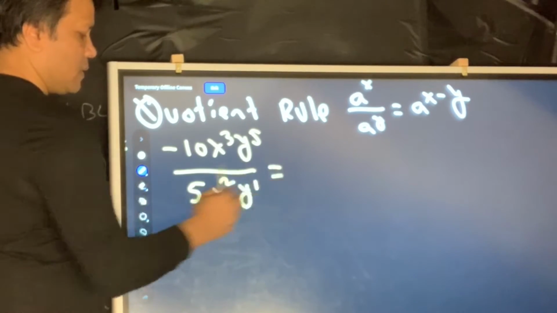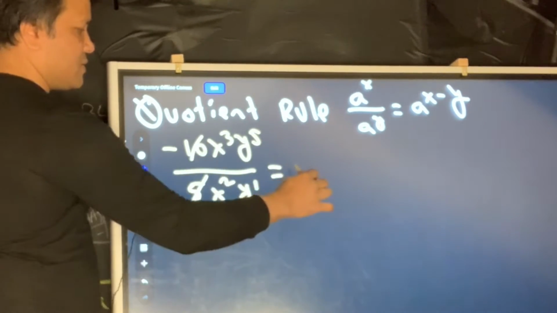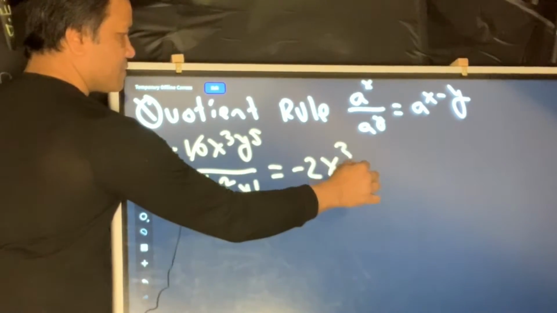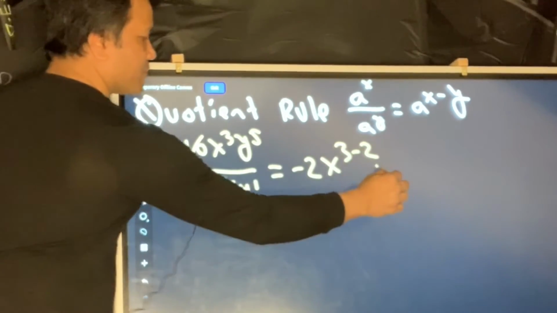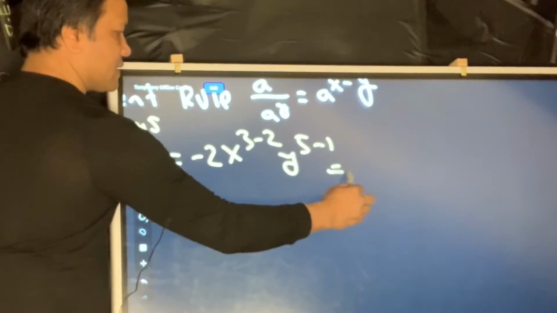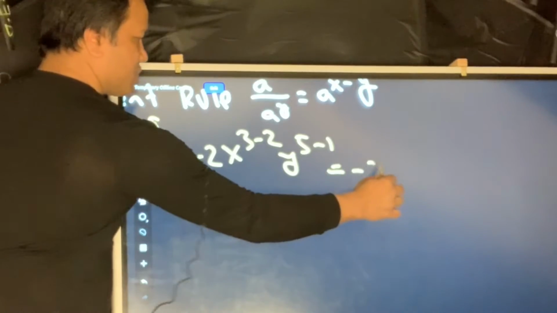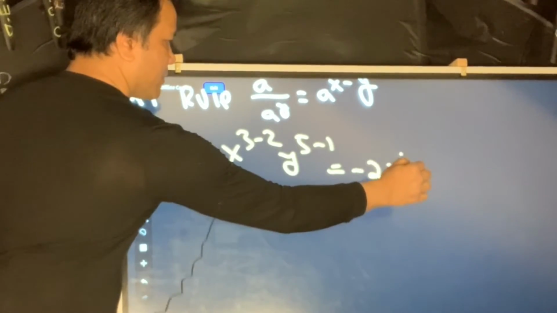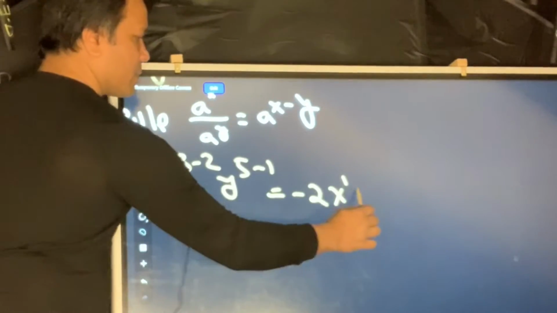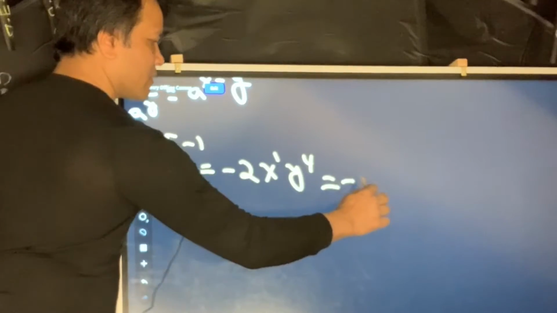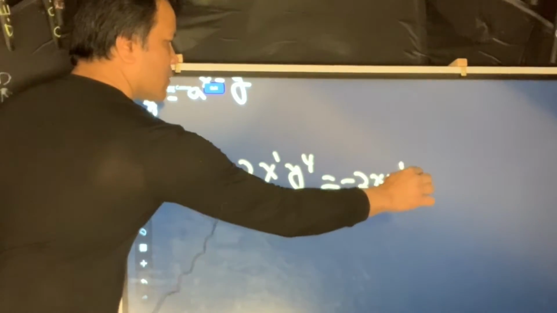Now 5 goes into 10 twice, so negative 2 x^(3-2) and y^(5-1). Then you get negative 2 x^1 y^4. So the final answer is negative 2x y^4.